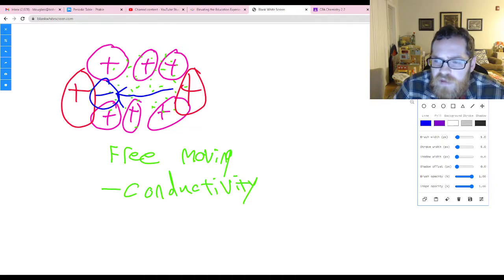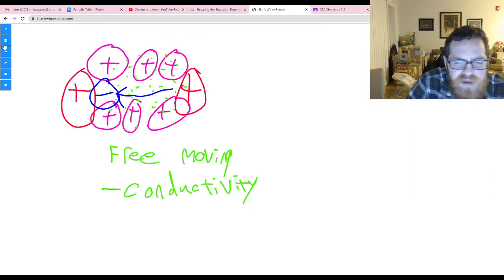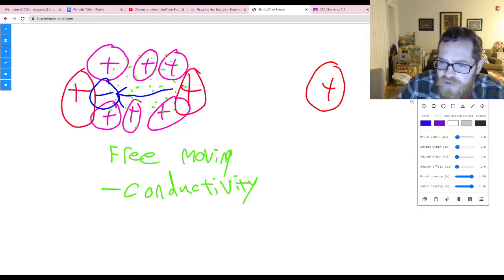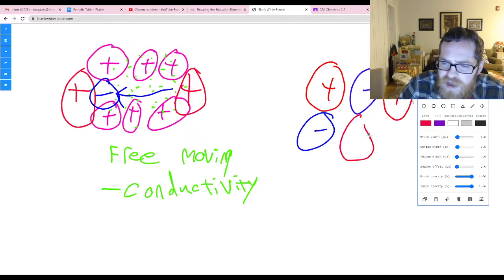This is similar, but not exactly the same, to ionic compounds. In an ionic compound, you're going to have this lattice energy. And when you have a solid, these cannot move freely around.